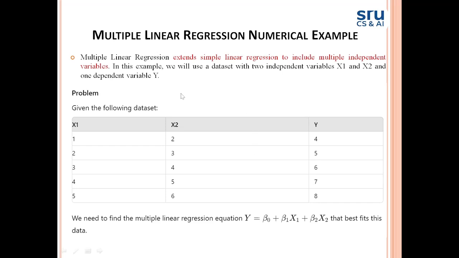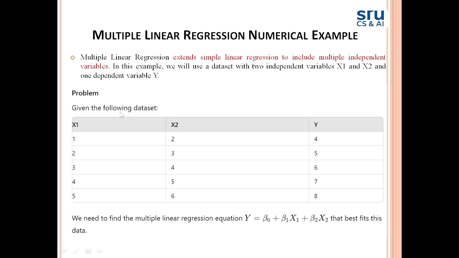Next we have a multiple linear regression numerical. It extends simple linear regression to include multiple independent variables. In this example we will use a data set with two independent variables x1 and x2, and one dependent variable y.